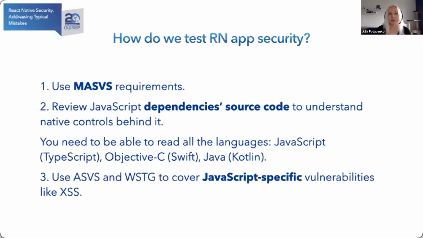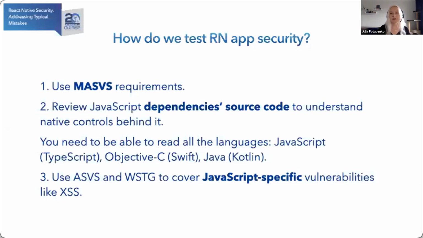Then, as I mentioned before, we need to take a closer look at dependencies. We need to take the JavaScript code of dependencies and the code written for the React Native application by us and look deeper to understand what native API it uses, what security controls it uses. So it requires more effort, to go deeper.